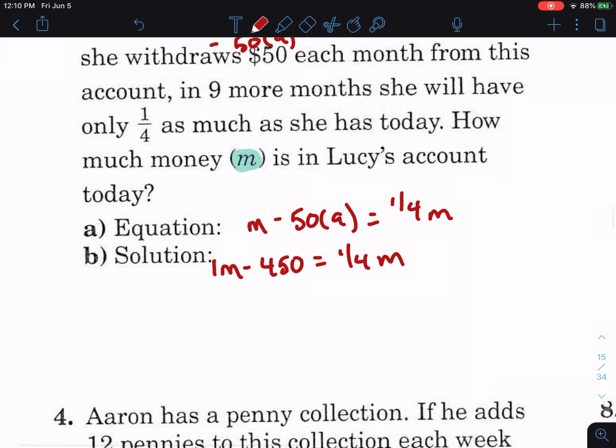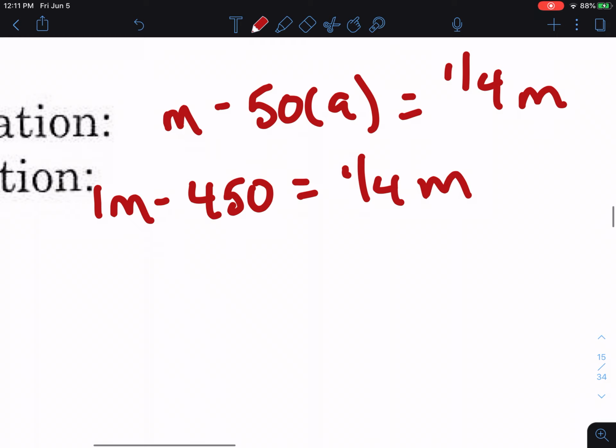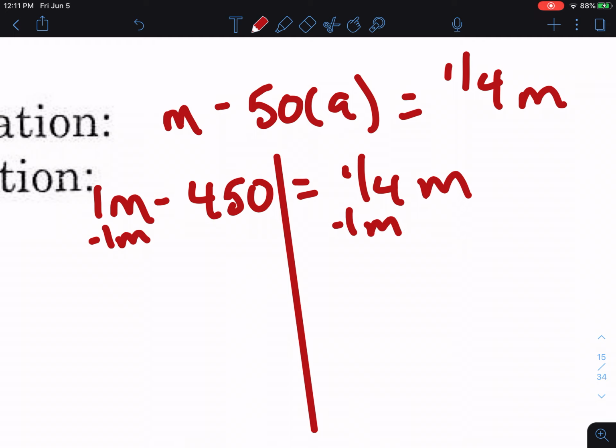I'm going to put my invisible 1 here. Okay? Now I got to get all the M's on one side. So draw my barrier here. And I'm going to move this 1M to the other side so that I have the M's on one side. So I'm going to do minus 1M on both sides. So I will subtract those two and I have negative 450 equals 1/4 M minus 1M.